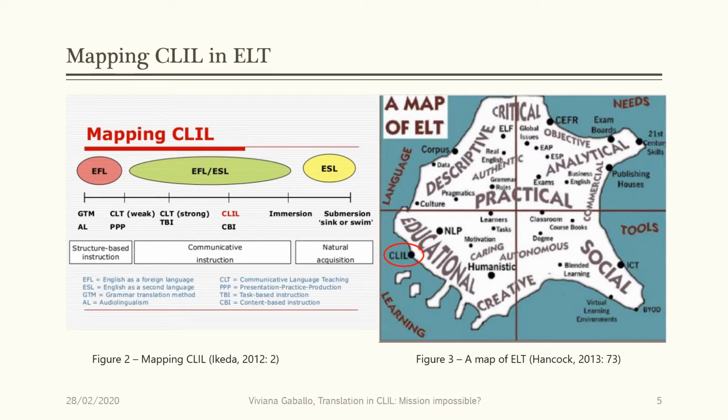The second chart provides a debatable map of ELT in 4 quadrants: language, needs, tools, and learning, which sees CLIL as totally decentralized in the learning quadrant and very distant from anything else.